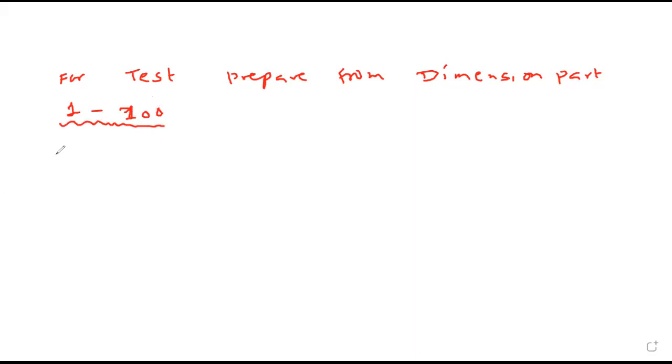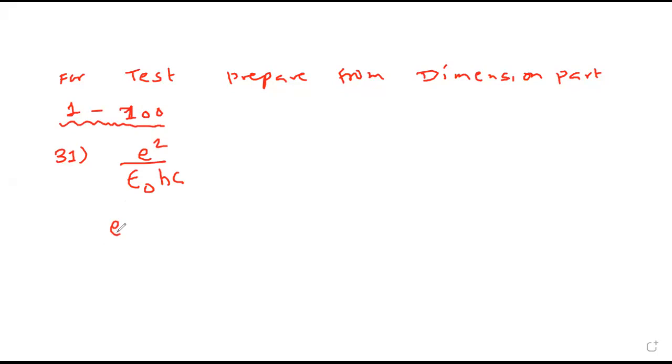Now 31, I am explaining to you how to do. The dimension of the quantity e square upon epsilon naught hc is. Any of you know what is e? It is the charge of electron, which has dimension of IT.